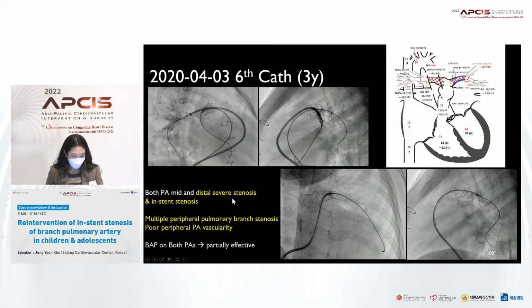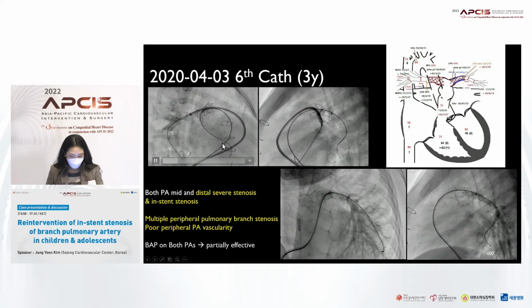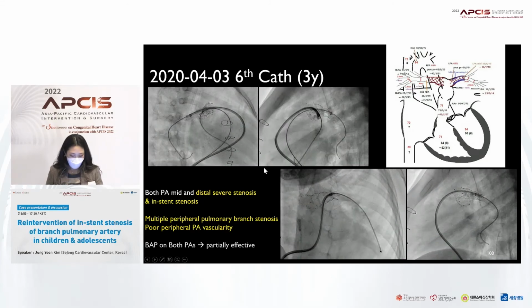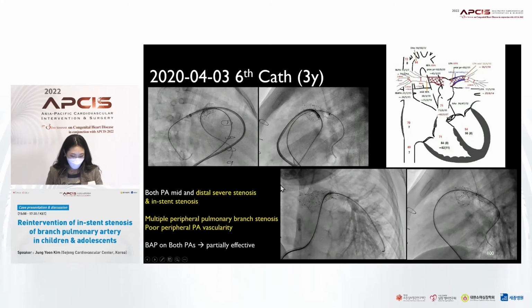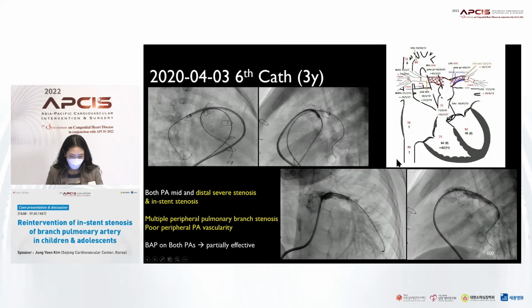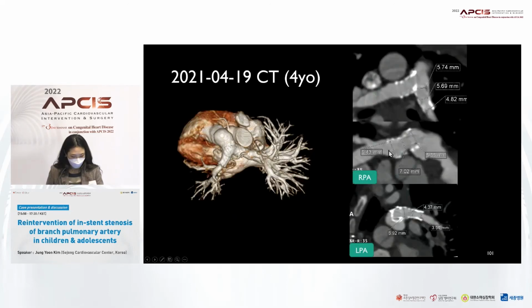So 9 months after the last procedure, the sixth cath was performed. You can see newly developed severe mid and distal stenosis of both PAs, in-stent stenosis, multiple PPS, and poor peripheral pulmonary artery vascularity in this angiogram. We did BAP on both PAs, but it was not very effective.